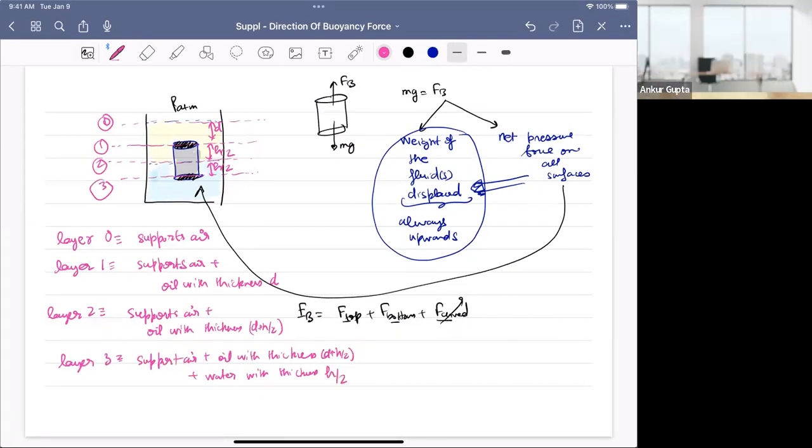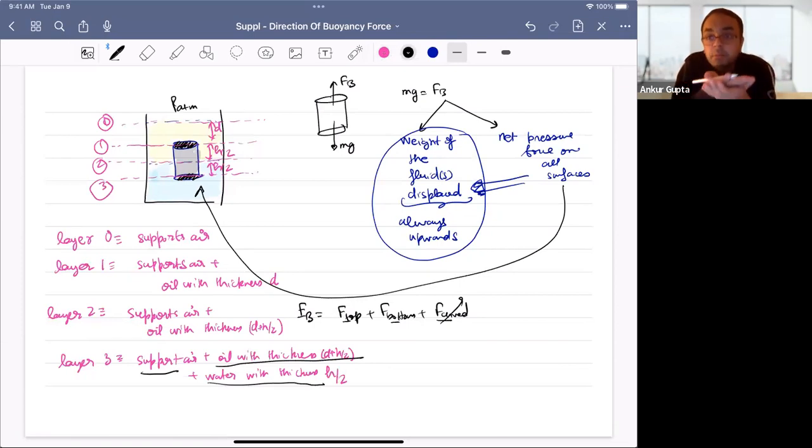As I'm going deeper and deeper in a fluid, I'm just supporting more and more weight of all the upper fluid layers. So if I'm inside oil, it doesn't mean that the air has gone away. Atmospheric pressure is still there. If I'm at layer 3 in the water part, remember I'm supporting now air plus the full layer of oil and then also further water. So all the three fluids are being supported at that bottom part.